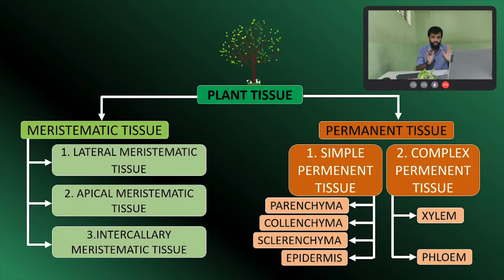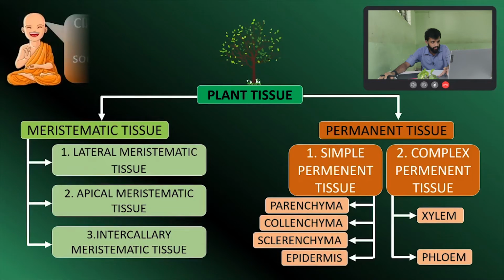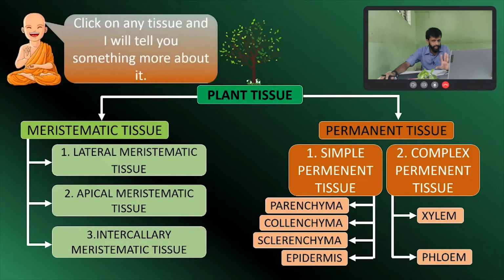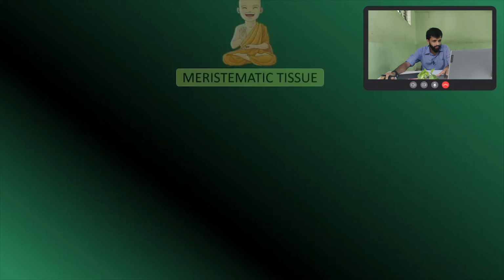So this video is going to deal only with the meristematic tissue of the entire subcategory of plant tissue. I hope this is very clear, and from here let us go ahead understanding what we mean by lateral, what we mean by apical and intercalary. Again, he's going to tell, I'm not telling.